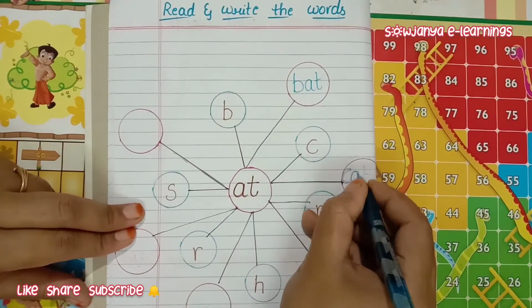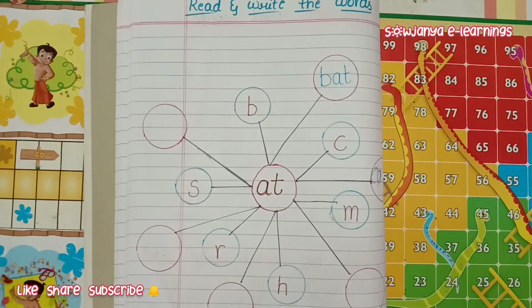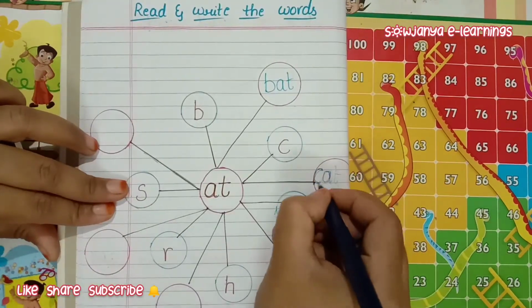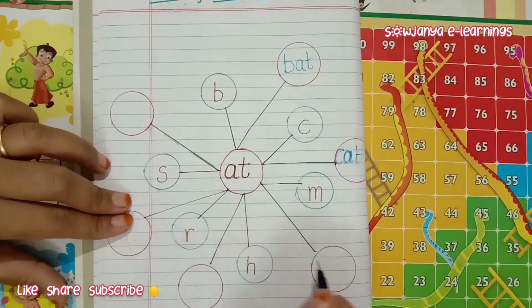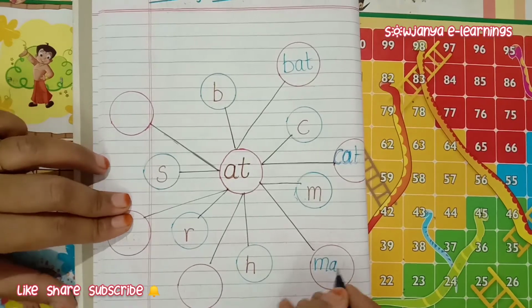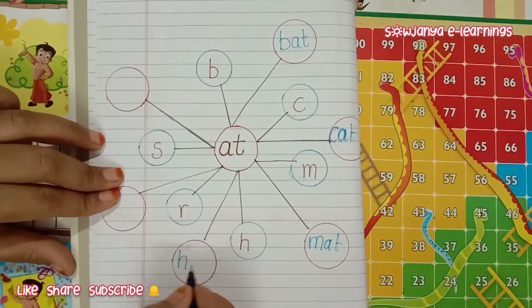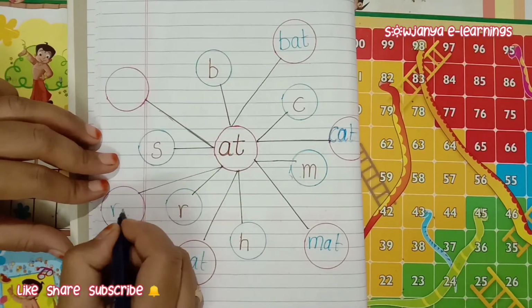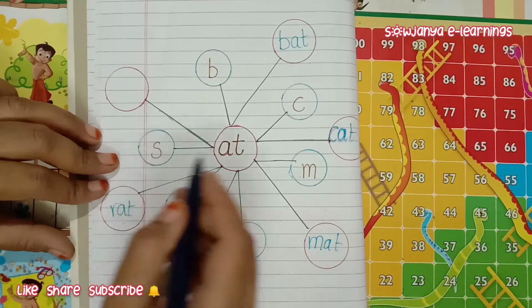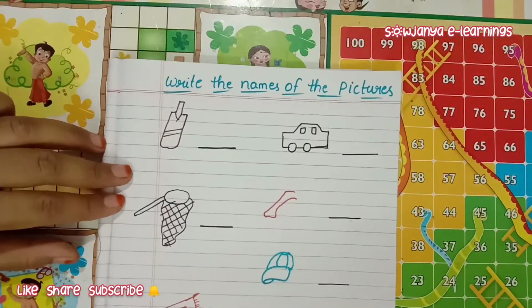K, at, cat. Next, ma, at, mat. Ha, at, hat. R, at, rat. S, at, sat.